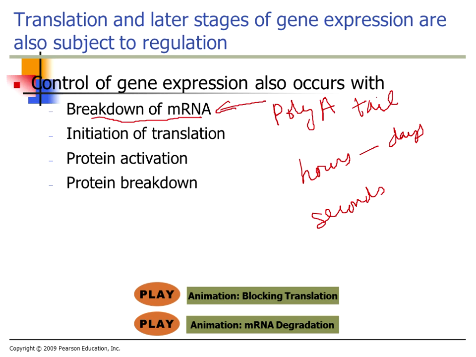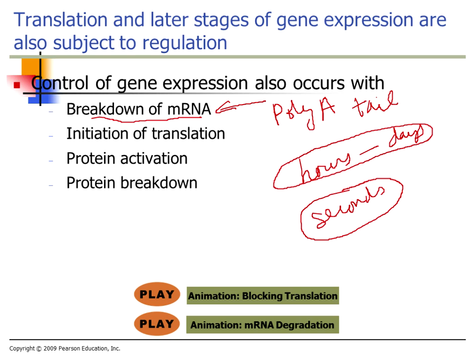So obviously, for proteins that are not needed in large quantities, the half-life of those messenger RNAs can be really small. As soon as the protein is made to the right amount, the messenger RNA degrades. On the other hand, if you need a lot of the protein, then obviously you want a much longer half-life for those messenger RNAs.